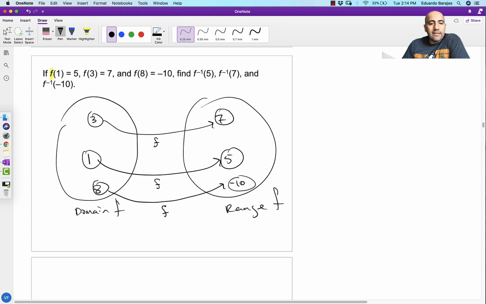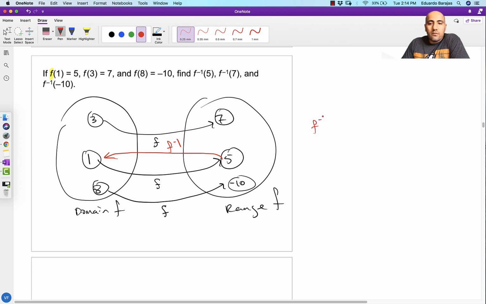So this is what's happening with f. The f function applied to 8 leads to negative 10. Applied to 1 leads to 5. Applied to 3 leads to 7. Now they are asking us about the inverse function, which will then have to be a round trip. So for the inverse of 5, if things are working out properly, when we input 5 into the reverse function, it should lead me back to 1.